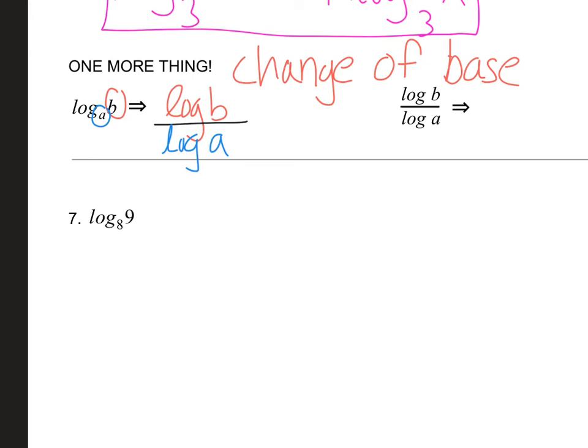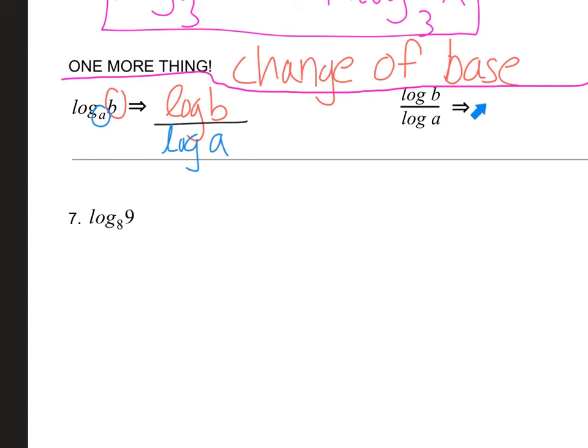And what I'm going to do here is separate that change of base. Log base a of b is the same thing as saying log base 10 of b over log base 10 of a. Remember, the default when you don't see a base is 10. So log base a of b is the same thing as saying log of b over log of a.